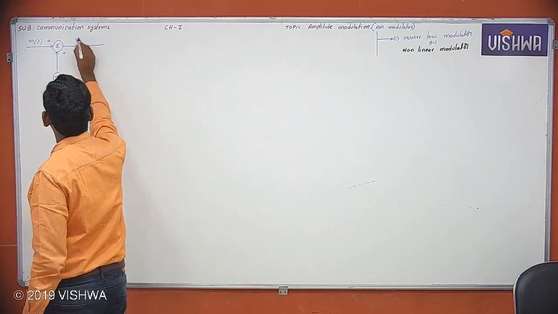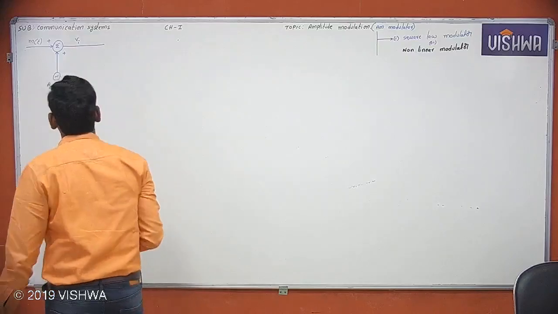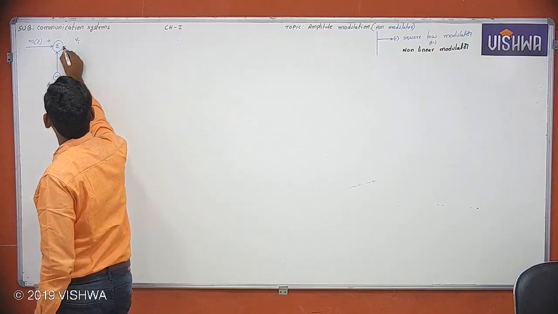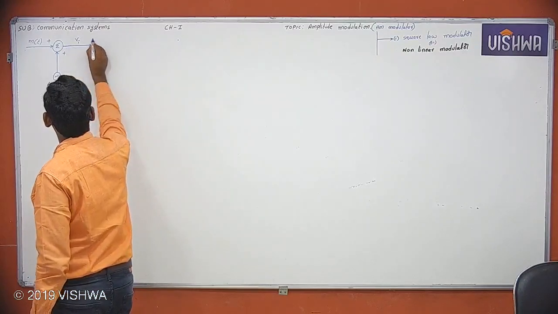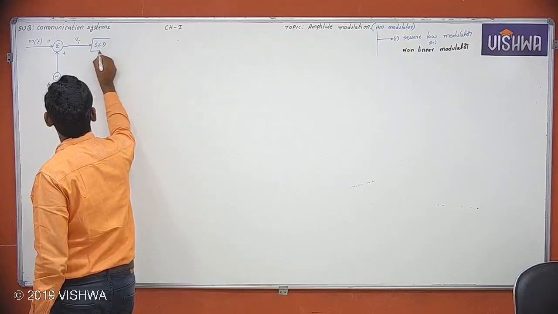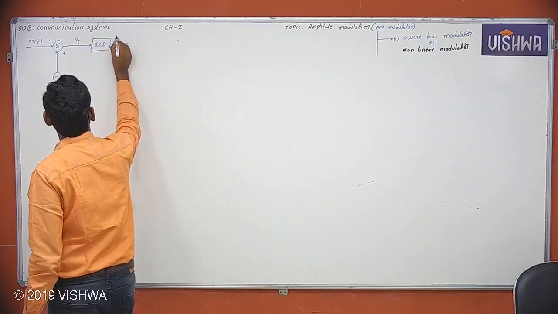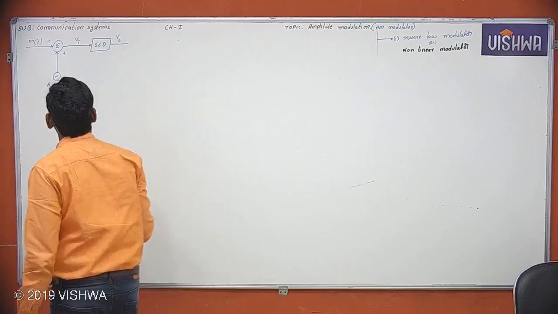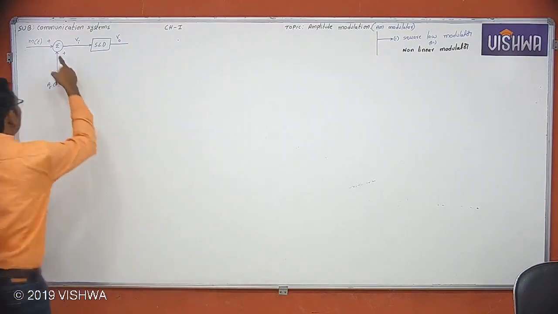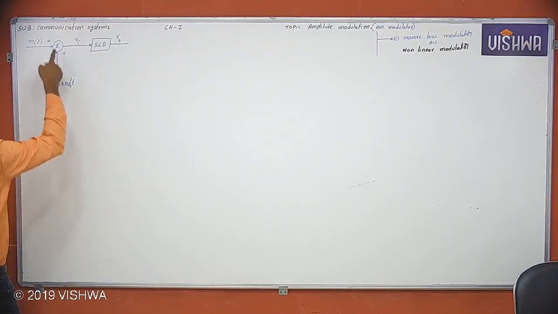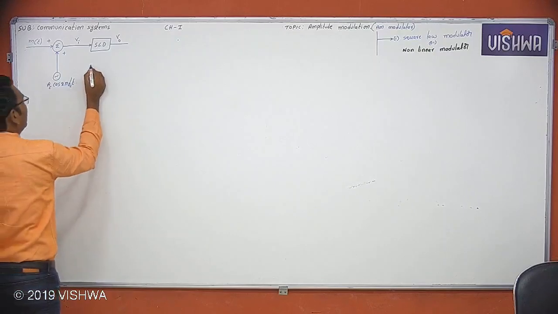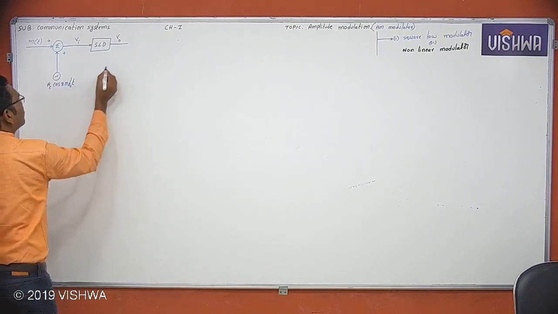Now let us assume this is some Vi, input to the square law device, and this is V naught, output of the square law device. Now what is Vi here? This is a summation: message signal and carrier are applied to the adder.